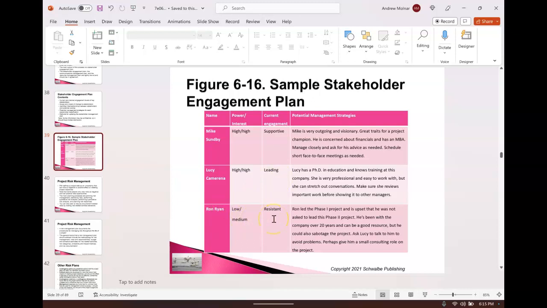They're resistant. You don't have to move them to supportive, but you at least want to move them to neutral, right? And how are you going to do that? So that's why communications management plan and stakeholder engagement plan work hand in glove. Think of one, you should think of the other all the time.